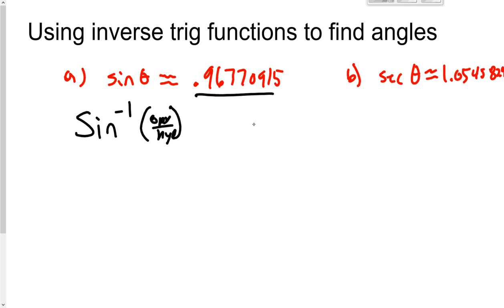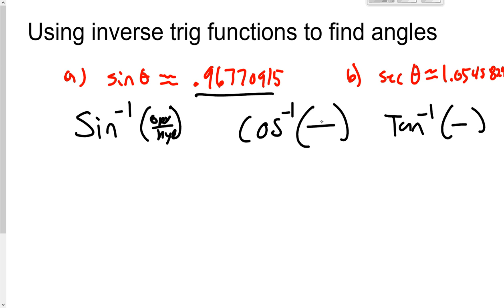And we have cosine inverse of whatever my fraction is, and then tan inverse of whatever my fraction is. Adjacent over hypotenuse, and then opposite over adjacent, and then you have the reciprocals as well. So inverse allows us to find the angle, the measure of the angle.